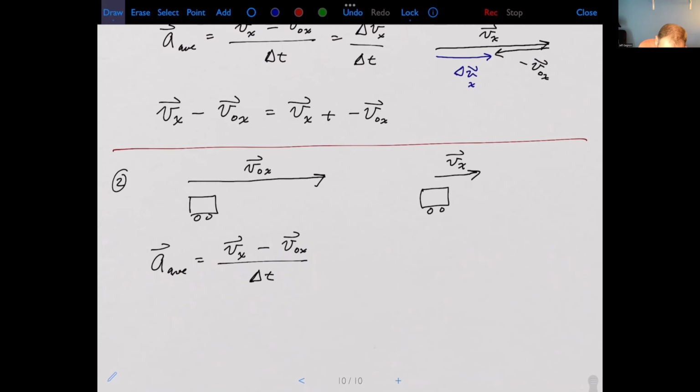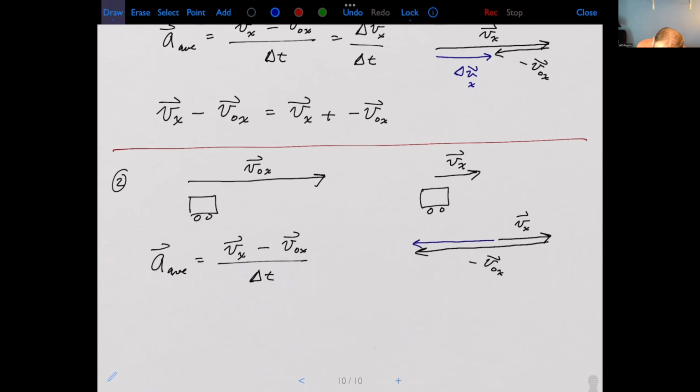So if I start now with Vx, and I add negative V naught x, so now the tail of negative V naught x is going to go at the tip of Vx. So it's going to look like this. Then if I draw a vector from the tail of the first to the tip of the last one, it looks like that.